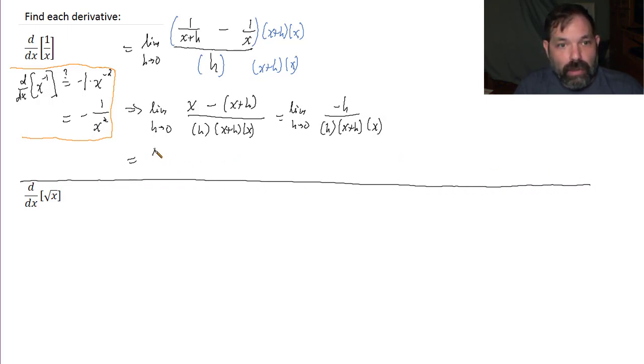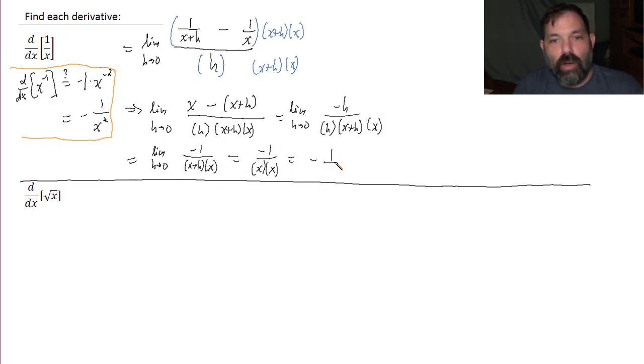So now I have the limit with h approaching 0 of negative 1 over x plus h by x. Now I can let h approach 0, and this becomes negative 1 over x plus 0, which is x, times x.